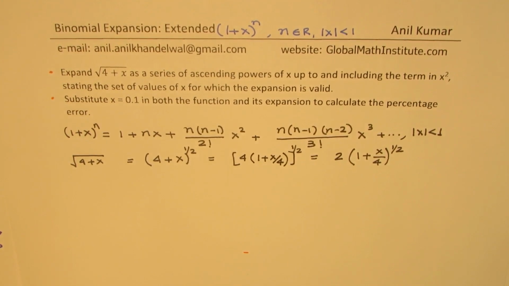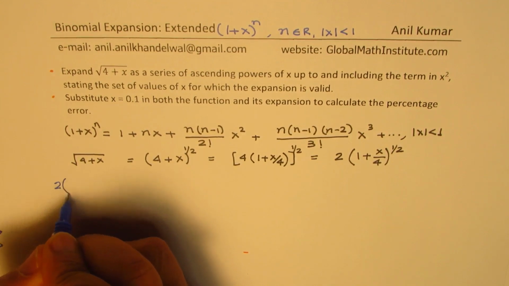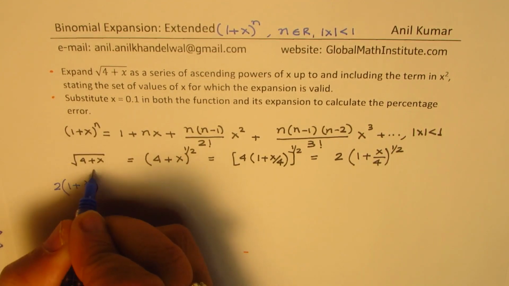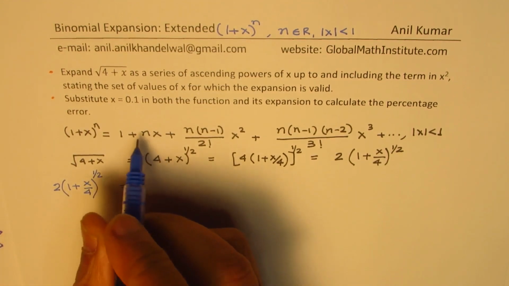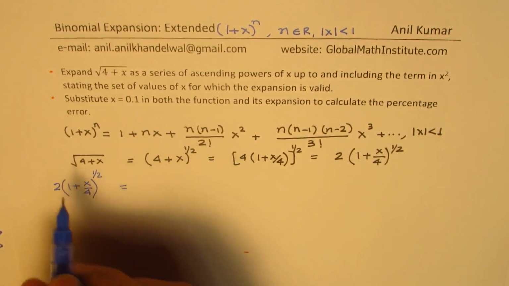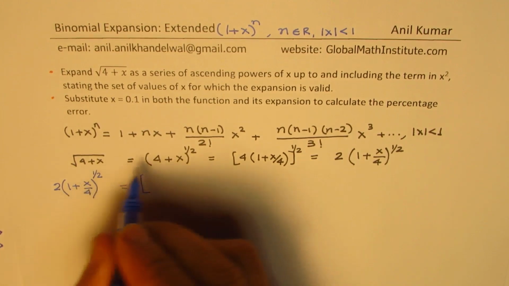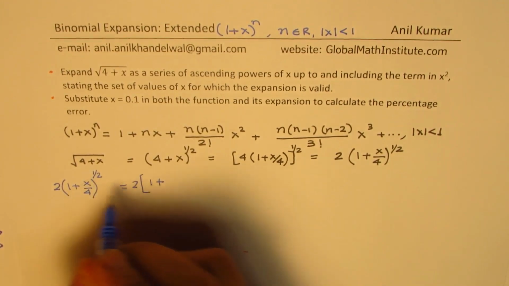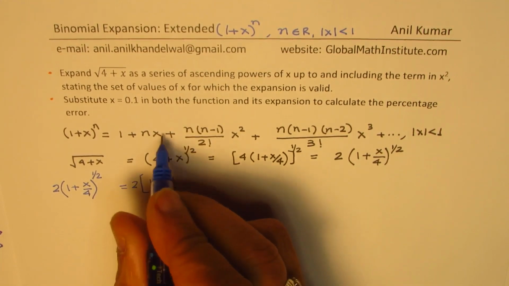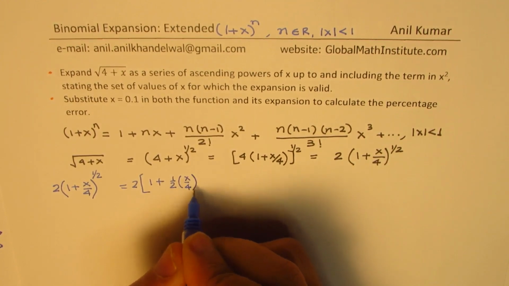Perfect? Okay, so let's do this part now. So now we have to expand 2 times 1 plus x over 4 to the power of half. I'm going to use the formula shown here, and we'll take only the first 3 terms. So what we have here is 2 times 1 plus, n is half for us, right? So in this case, n is half, and the x value really is x over 4, right?